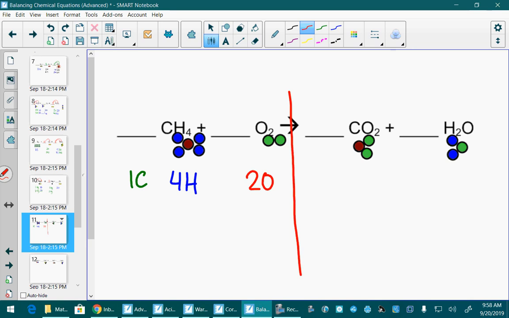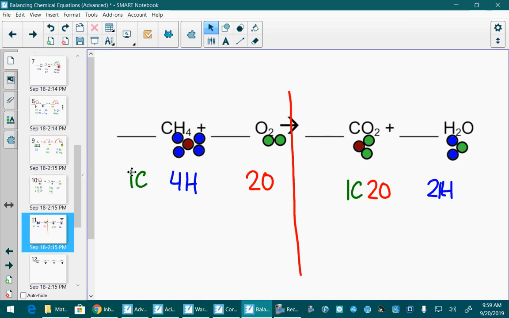Now on the right, I have 1 carbon. I have 2 oxygens. I have 2 hydrogens, and I have 1 oxygen. This one's a little bit trickier because you end up with oxygen in 2 molecules on the right side.